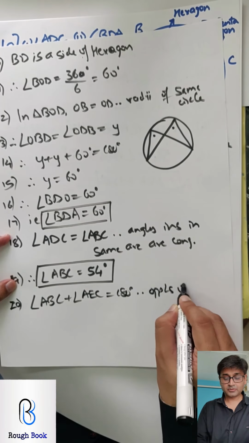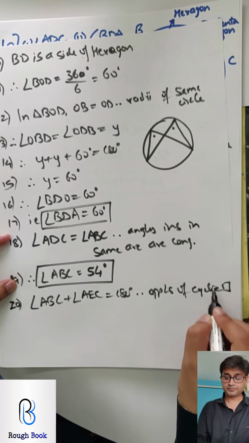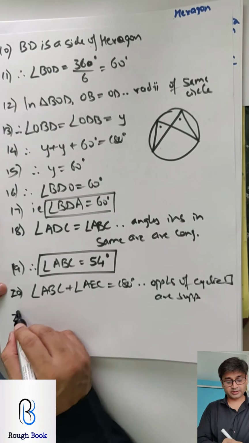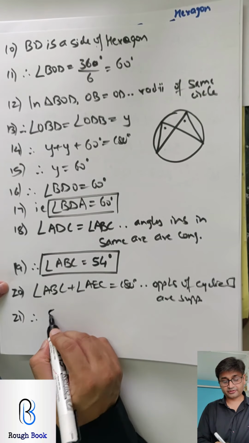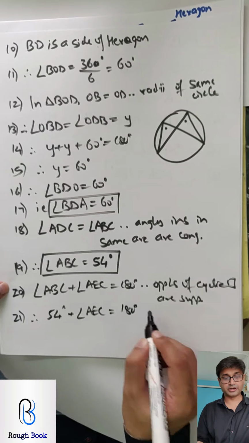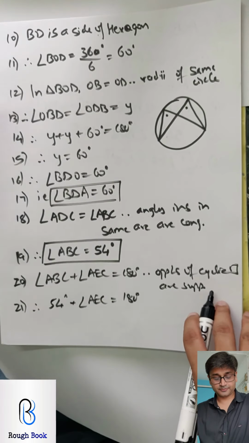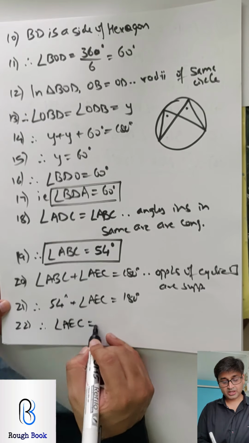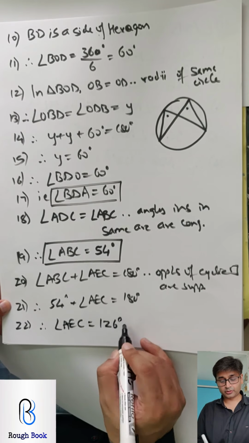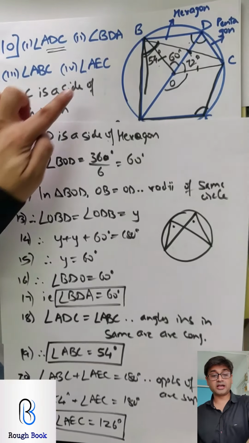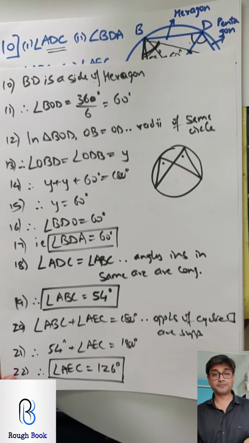Opposite angles of cyclic quadrilateral are supplementary, and therefore ABC we found 54. AEC we are trying to find, which is 180. So let's find the last one. Therefore angle AEC goes and subtracts. So 126. Yeah. So we managed to get our last angle AEC as well.